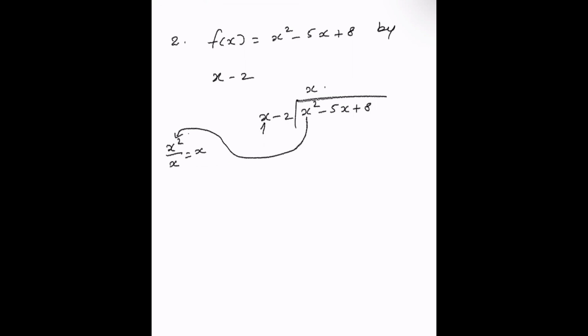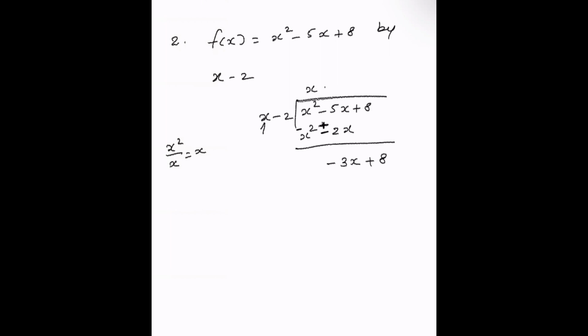So this is how I am doing. Next step: so x I got. Now x into x is x square, x into 2 is minus 2x. Do the subtraction. Subtraction means reverse the sign. When I reverse, I'm getting minus 3x plus 8.